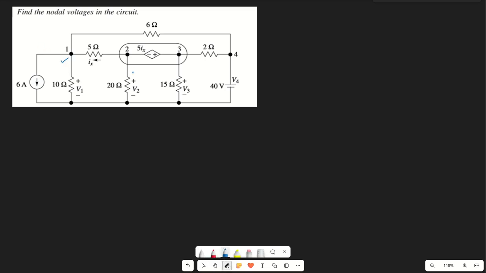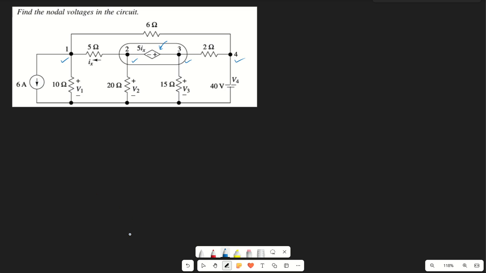We have a total of four: this is one node, this is second, this is third, and this is our fourth node, right? In order to solve this, we have 4 nodes, so we will have 4 equations and 4 unknowns. But in this case, as you can see, this is a voltage source and there is no other resistance in this whole branch, right? So that means this forms a supernode.